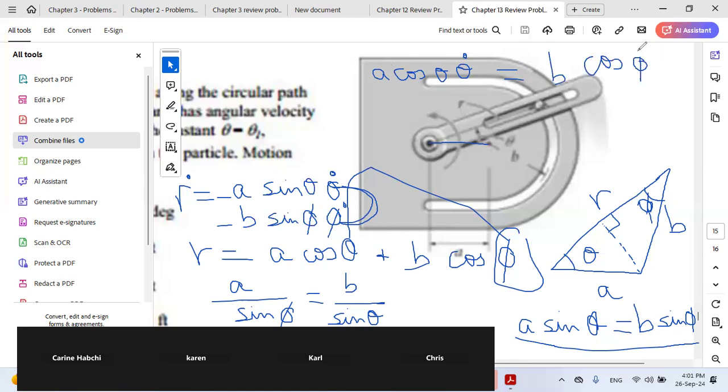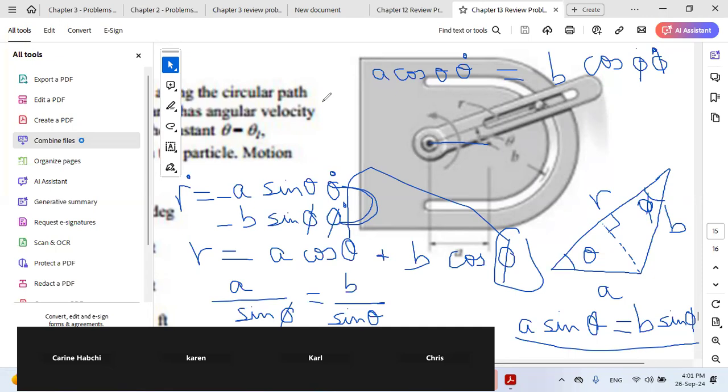So now I have a relation between phi dot and theta dot. Just here, it's a little bit more complex because I introduce a new variable, so I need to find what phi is as a function of theta and what phi dot is as a function of theta and theta dot. Is it clearer?